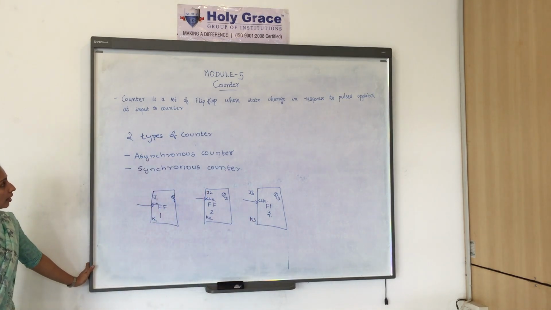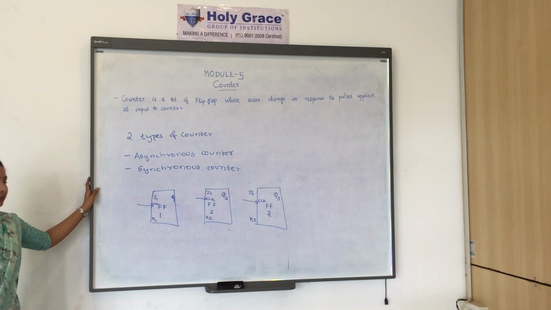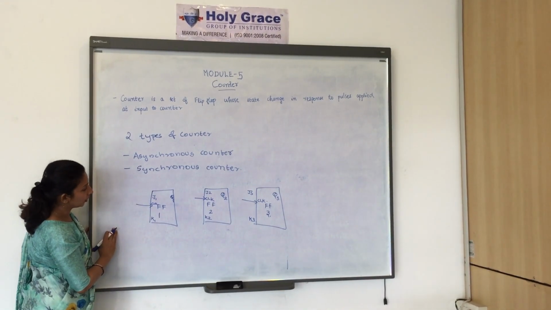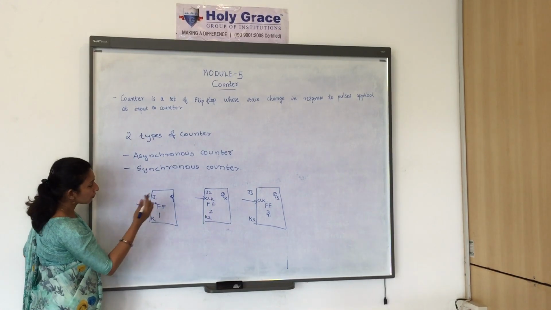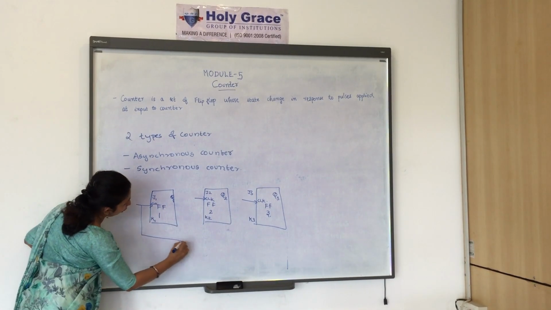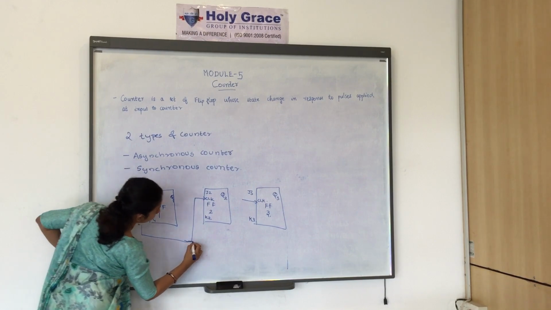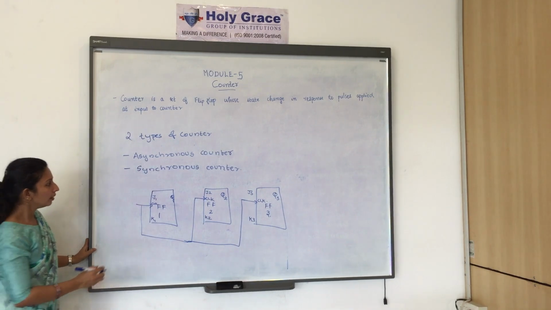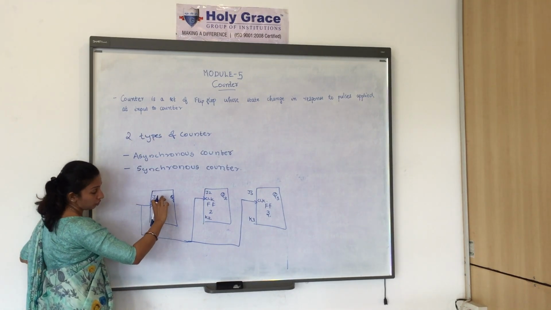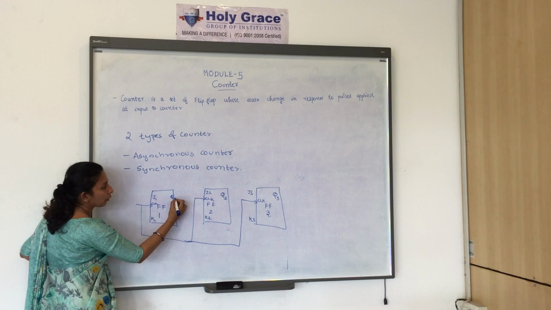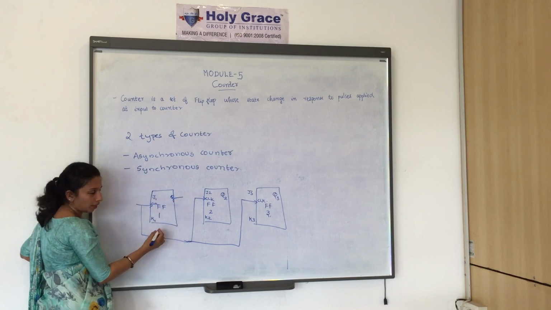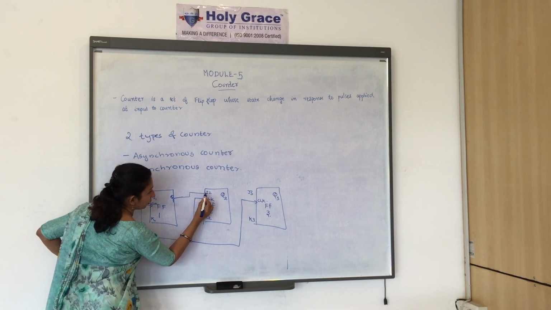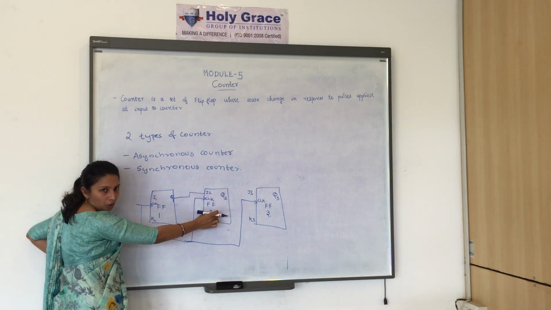Now let's see what an asynchronous counter is. Suppose there are 3 flip-flops. Here we give the clock, but the difference is that when flip-flop 1 starts working and produces an output Q1, this Q1 is fed into the input J2 of the second flip-flop.